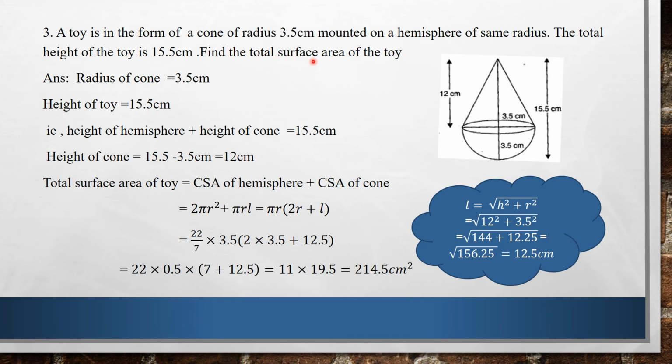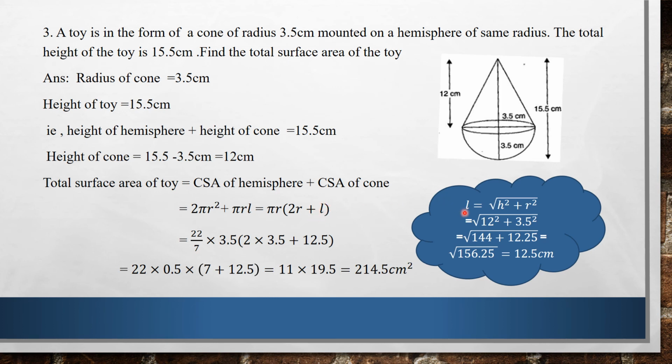To find the total surface area of the toy, we can see it is the curved surface area of the cone plus curved surface area of the hemisphere. The formula is 2 pi r square plus pi r l. Taking pi and r as common, we have pi r into (2r plus l). Here l is the slant height of the cone.